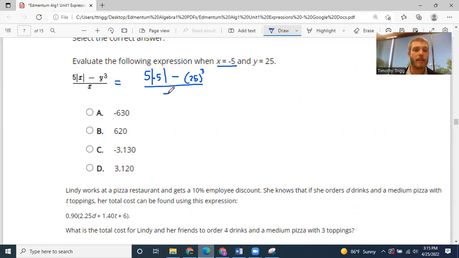And we're going to divide by negative 5. Divide by x. Okay. The absolute value of negative 5 is 5. So this becomes 5 times 5 minus, and I'm going to do 25 to the power of 3. So 25 times 25 times 25. That gives me a large number.